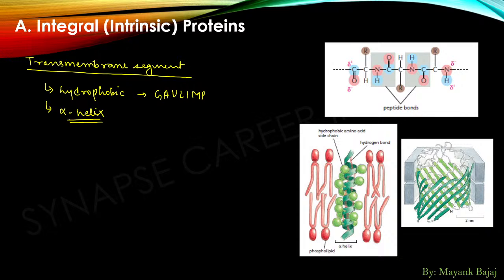Can anyone tell me why they are in alpha helix structure, not in beta sheets or any other? Alpha helix and beta sheets both exist, but the majority are in alpha helix. Can anyone tell me just a basic difference why major transmembrane proteins or integral membrane proteins are in alpha helical form? Why?